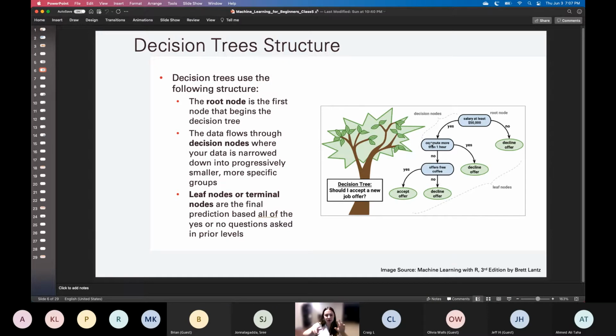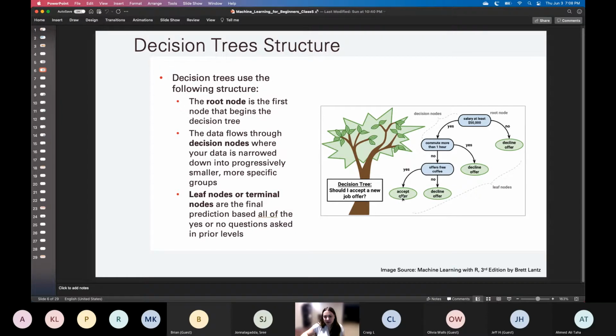Those are where the data flows, and it's going to split your data into progressively smaller groups. And finally, the leaf nodes or terminal nodes, you'll hear them used interchangeably when you read about this, are the actual predictions. So once you've gone through all the questions, it's going to dump you out on one of these leaf nodes.